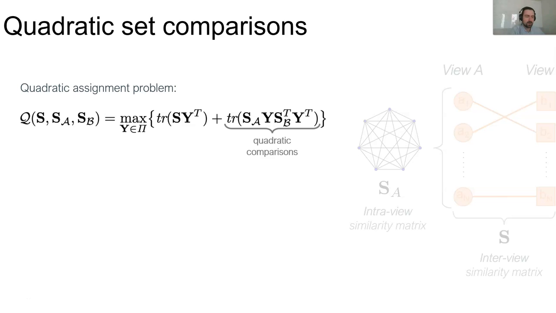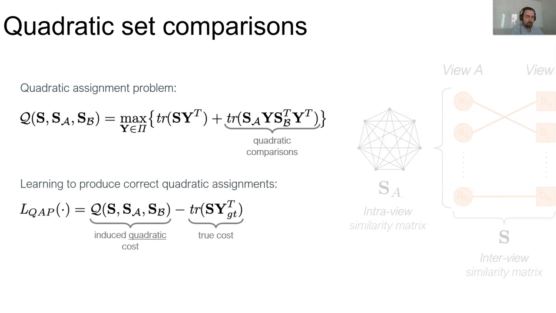Formally, the quadratic assignment problem extends linear assignments by including the quadratic comparison term between sets of objects. We next consider a problem of learning to produce correct quadratic assignments through the following loss function. Please refer to the paper for more details.